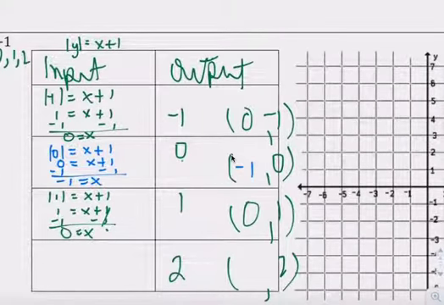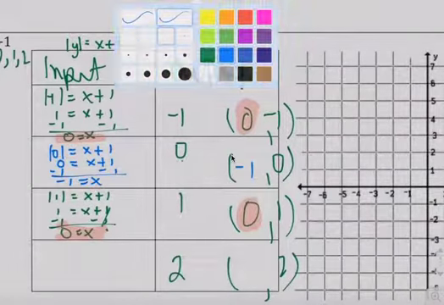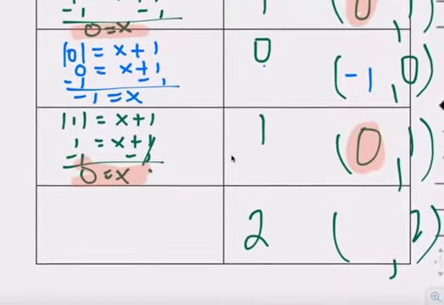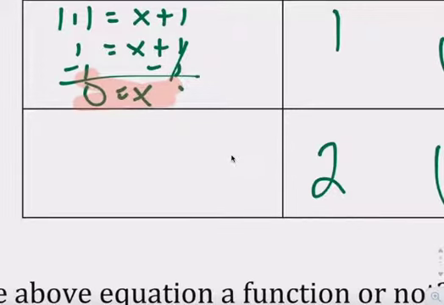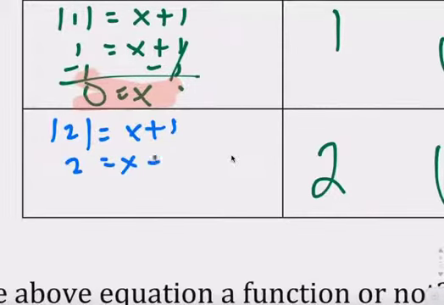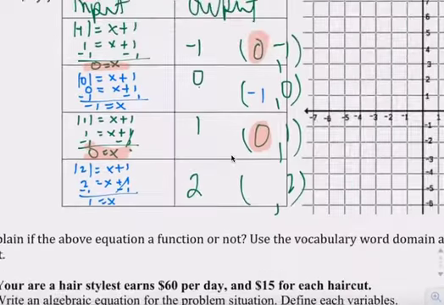We know it's not a function, because notice the inputs are the same. Once the inputs are the same, or the domain is the same, it's no longer a function. The output is 2, 2 equals x plus 1, minus 1, minus 1, x equals 1. Your input is 1.